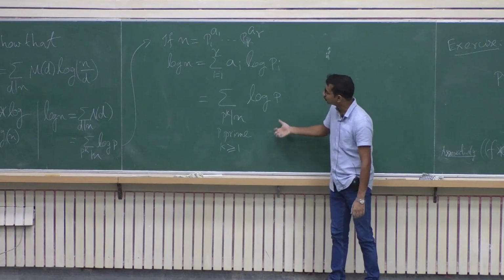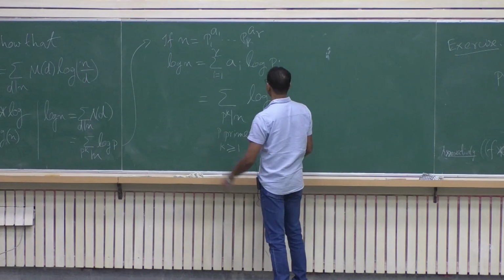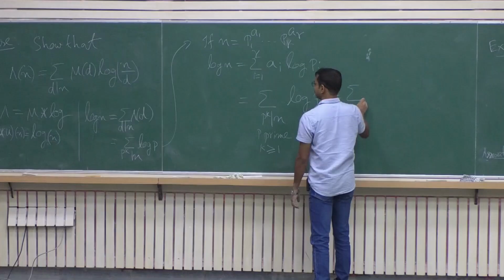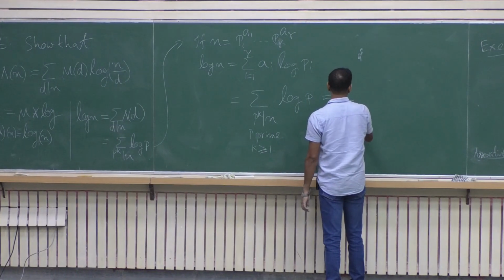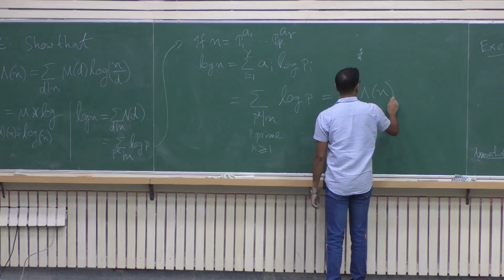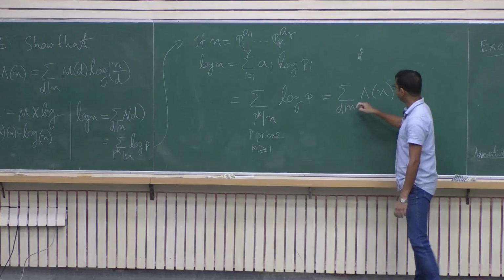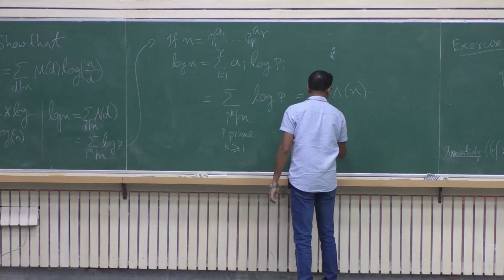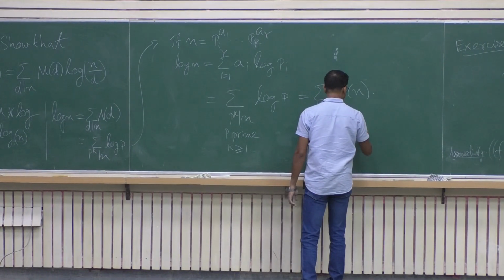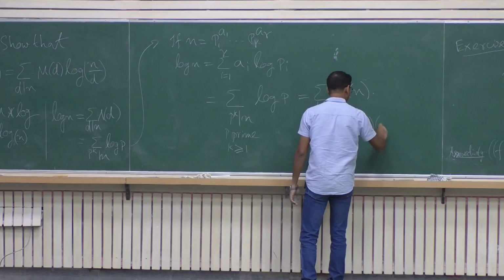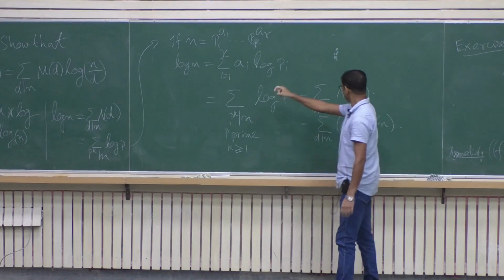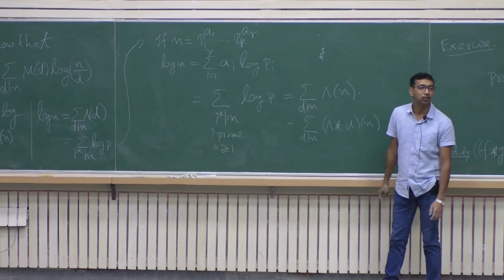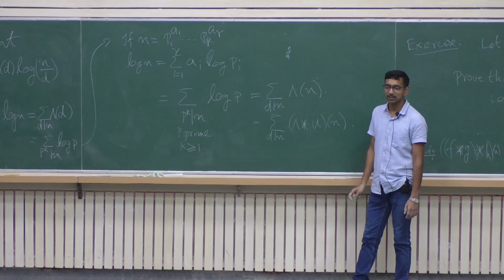So this is basically what we wanted. This is just the sum over d dividing n of lambda d, which means the summation of lambda star u of n. So log is lambda star u, and therefore lambda is equal to mu star log. That's it.